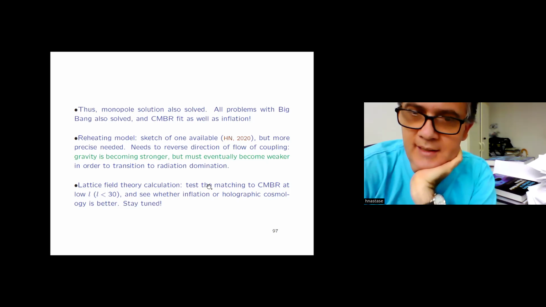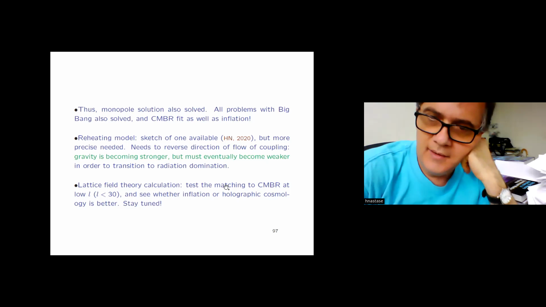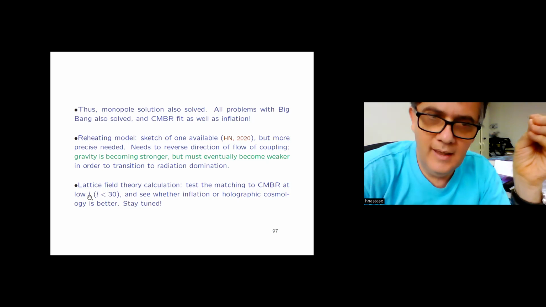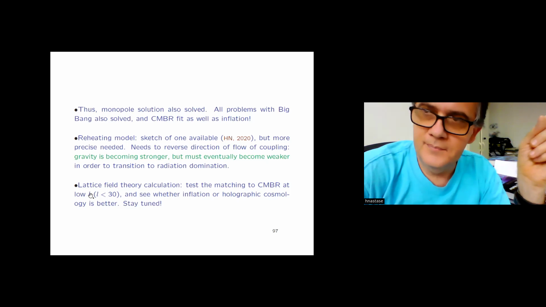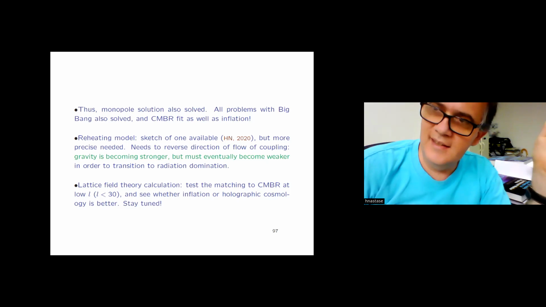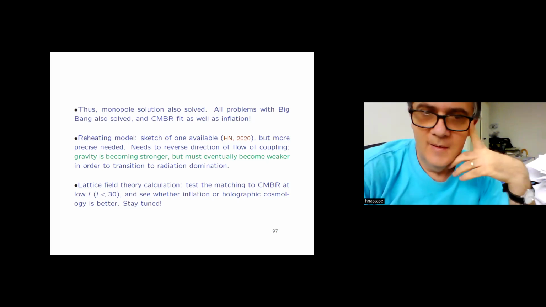This will eventually do a test for matching the CMBR at low angular momentum L, L less than 30, which corresponds to the large distances in the sky, large angles in the sky.